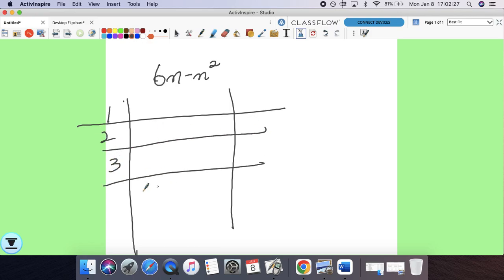Here I'm plugging in 1, 2, 3, 4, 5. If I plug in 1, I get 6 times 1 minus 1 squared. 6 times 1 is 6, minus 1 squared is just 5.